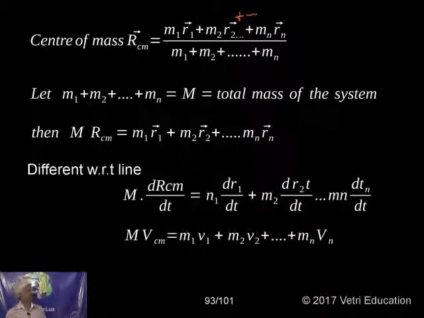This is the general formula for the center of mass. We know m1 plus m2 plus etc. is called the total mass of the system.